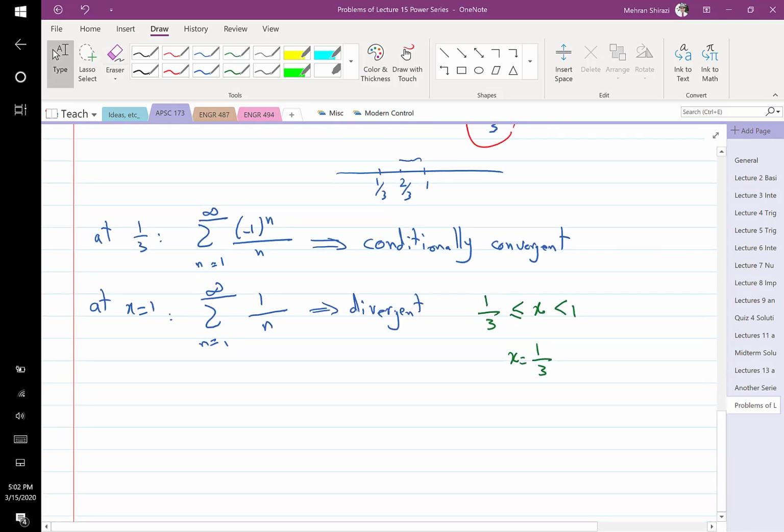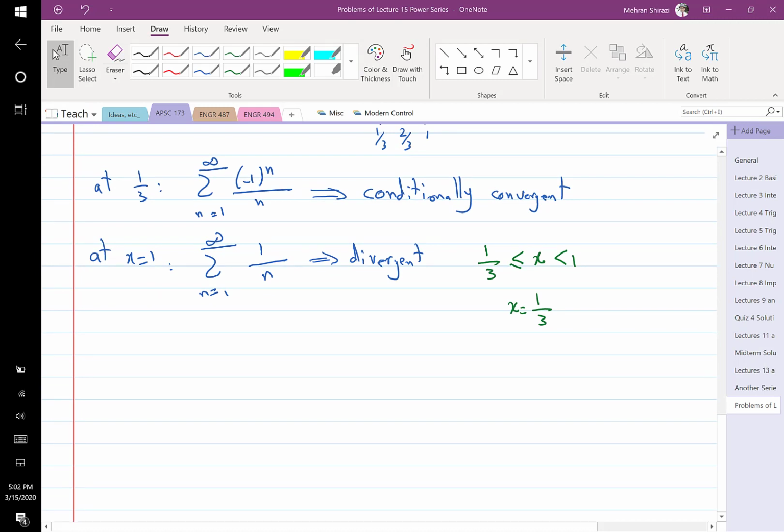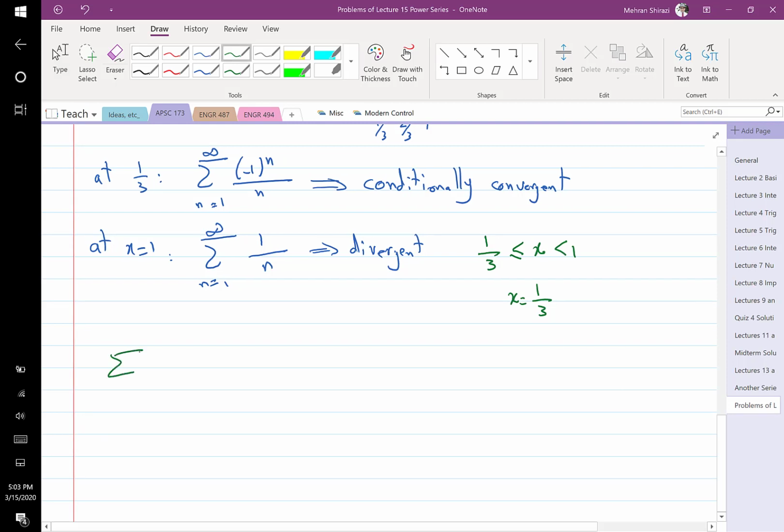Next example, let me solve question 8, for example. The series is minus 1 to the power of n, (x plus 2) to the power of n divided by n.